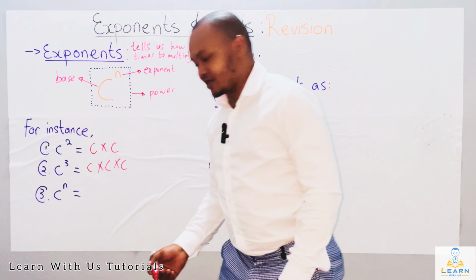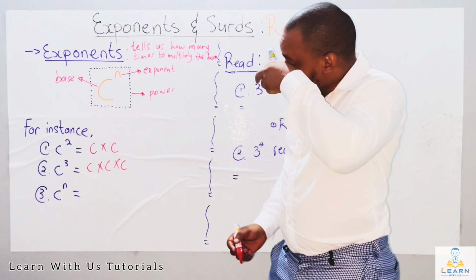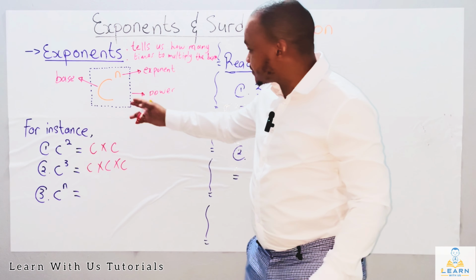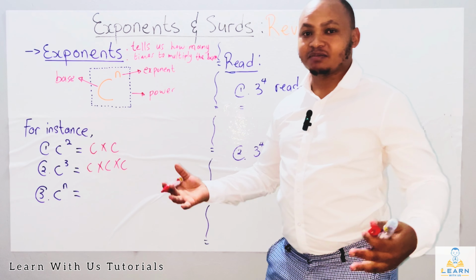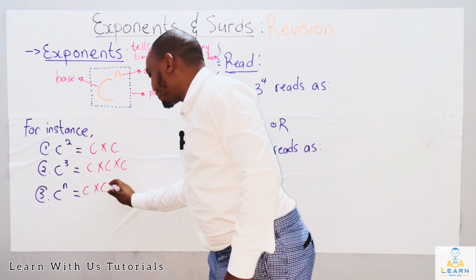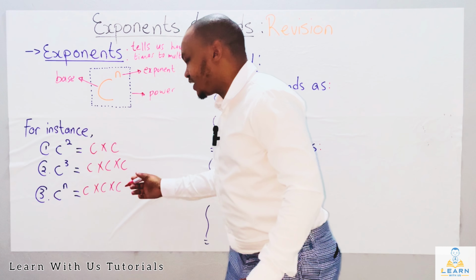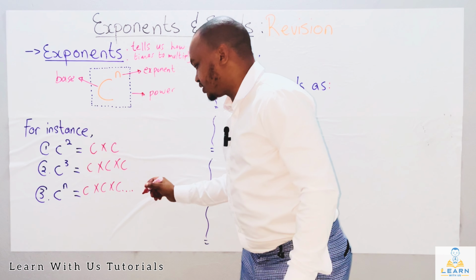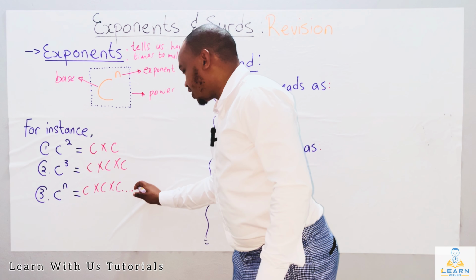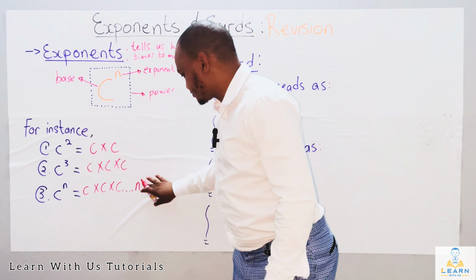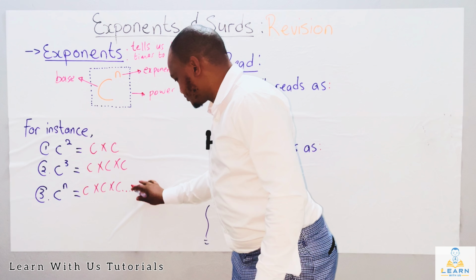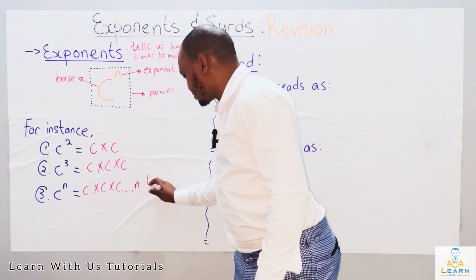Now c to the power n is the defining example that I'm trying to show you. C to the power n would be c multiplied by c multiplied by c, and so on, n times.